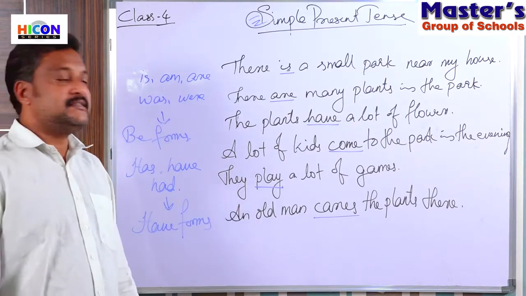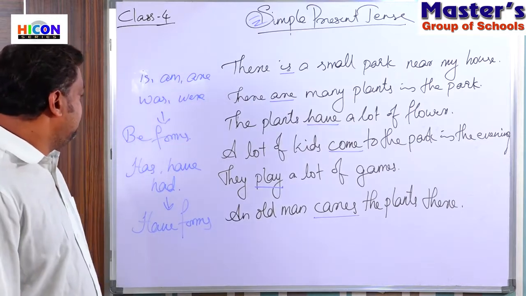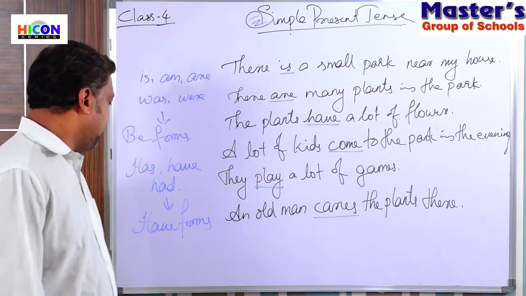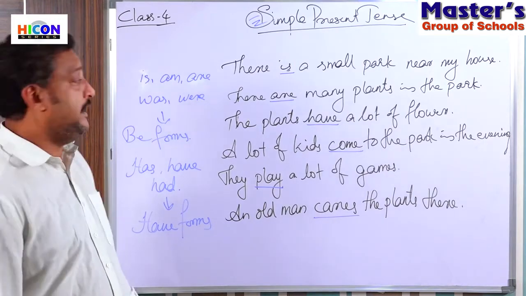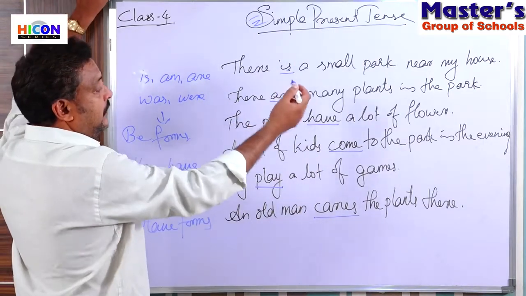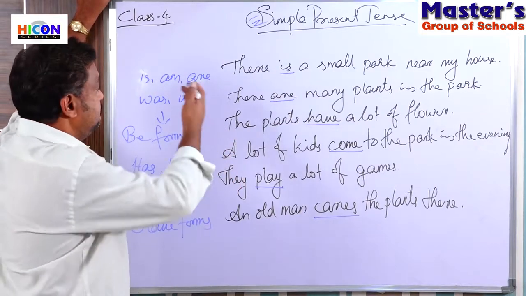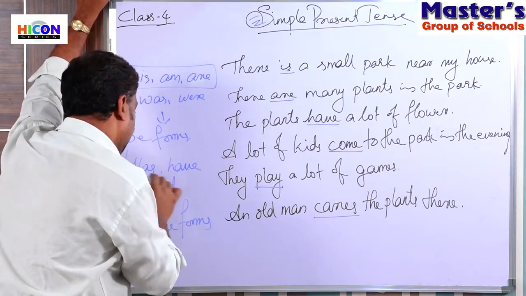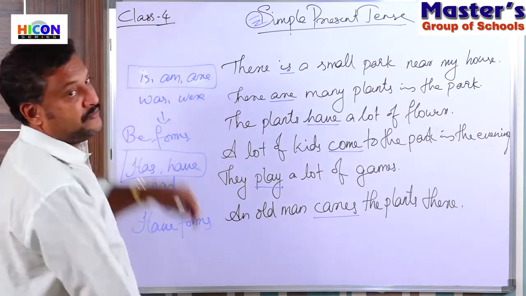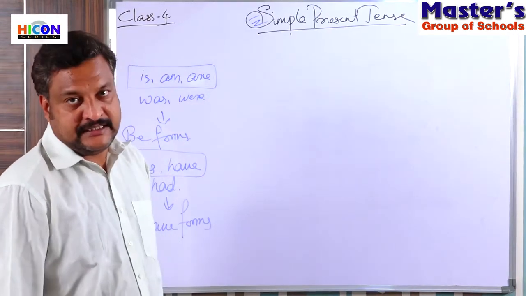So is, am and are are the be forms and has, have and had are the have forms that we use in English. And here is, are, am are the present tense forms. Has and have are also present tense forms. So we have learned that earlier, isn't it?